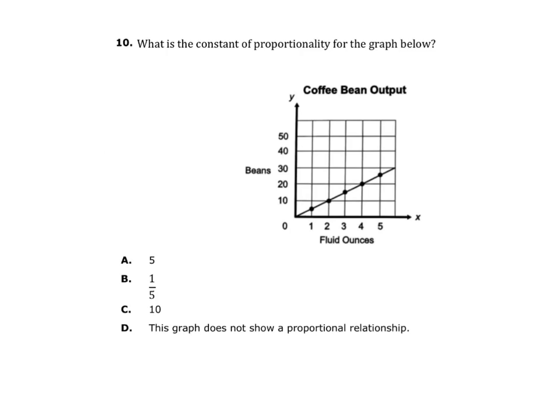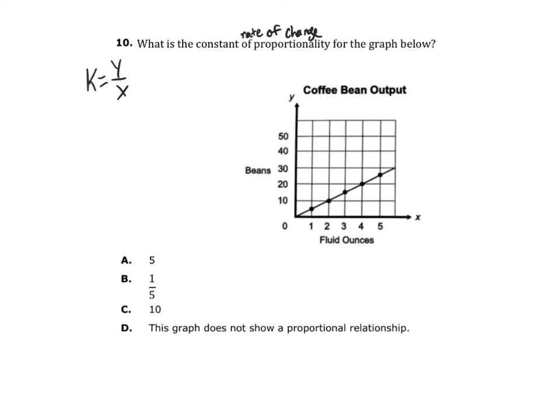Number 10 says, what is the constant of proportionality for the graph below? So we learned earlier that constant of proportionality just means constant rate of change. When we find the constant rate of change, we have to remember that k equals y over x.